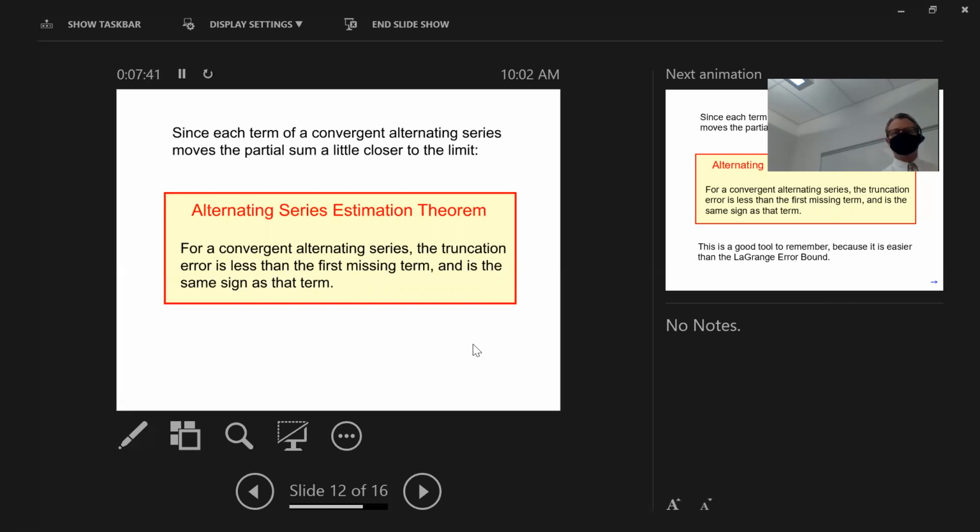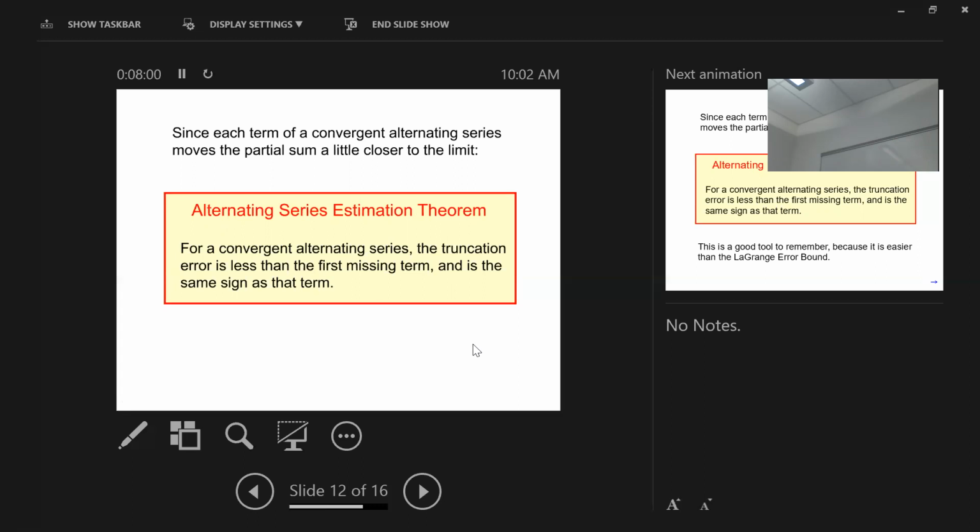If it's converging, alternating, so if the terms in the H chart are getting smaller and the sign is alternating, then the next term. Just think about the easiest way to do that, the alternating harmonic: 1/3, 1/4, 1/5.